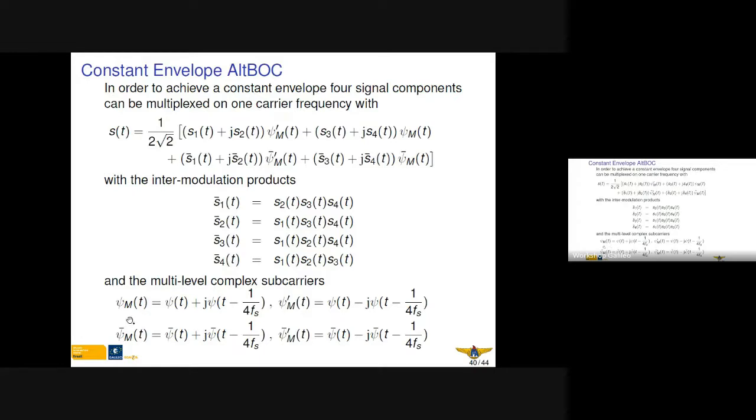These multi-level subcarriers are defined like this: psi plus j psi of t minus 1 over fs. And psi bar m is the sum of psi bar of t plus j psi bar of t, and so on. I think on the next slide I will define psi, hopefully.